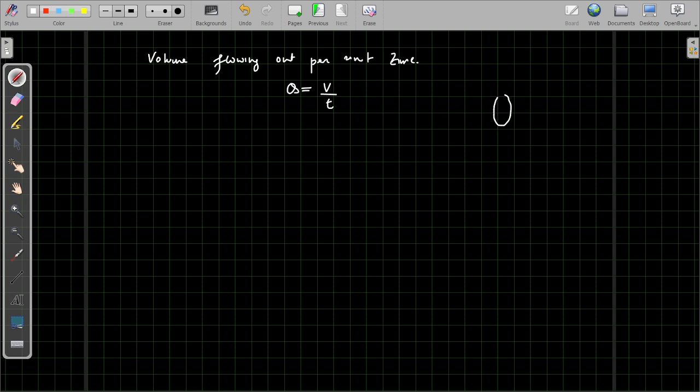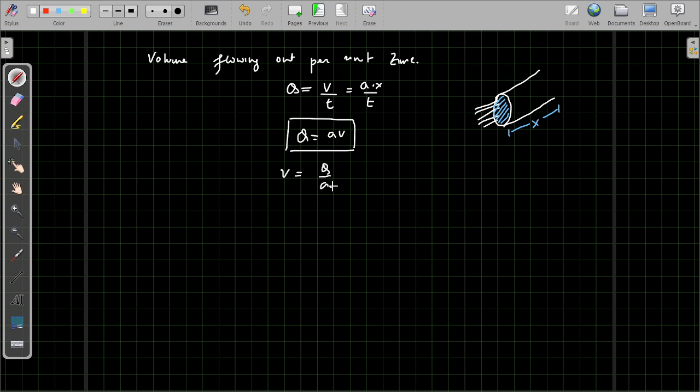Now volume, if this is the diameter of the pipe and this is the water coming out from it, will be equal to the cross-sectional area of this region into the length L, or we can call it X. Therefore Q should be equal to area into X divided by t. So we can write this also as area into velocity. This is the volume that is coming out per unit time. Therefore from here we can write V is equal to Q by A.